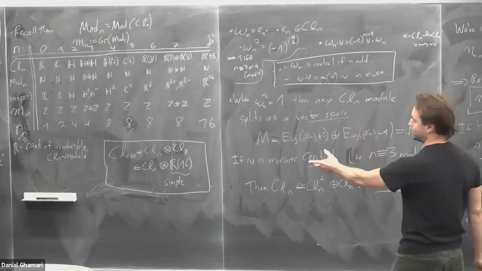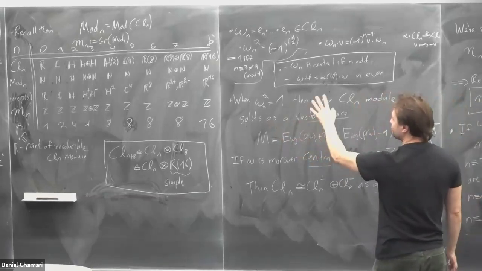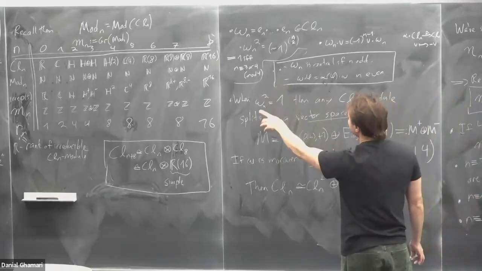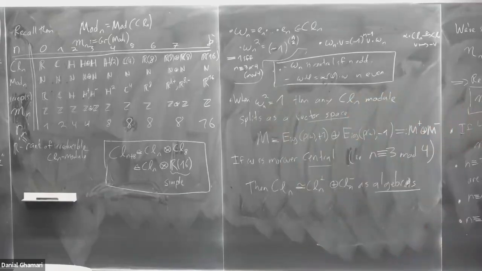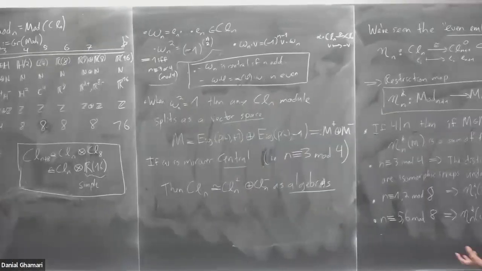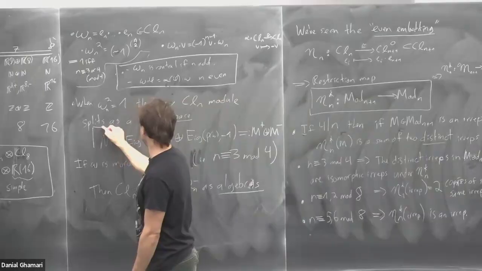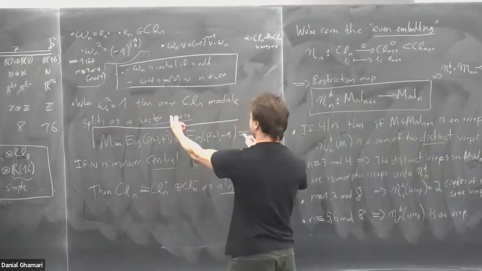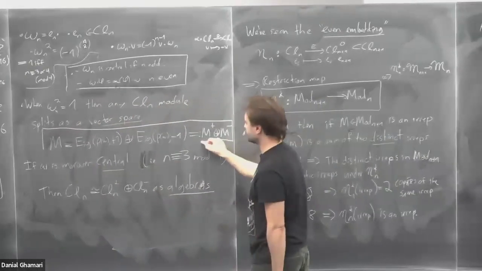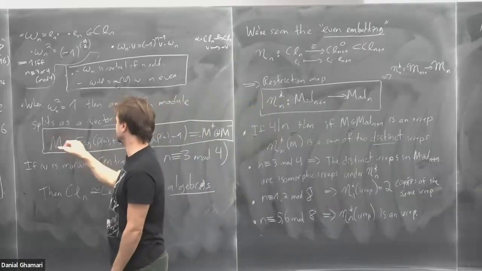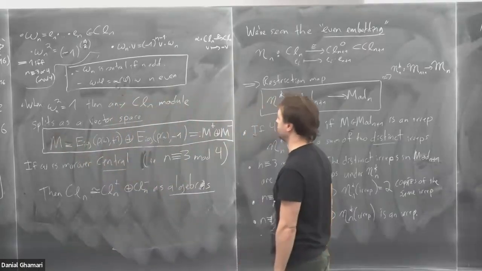Just remembering what the volume element is, right? So moreover, when the volume element does square to 1, for any representation, we get an eigenspace decomposition of our module. Suppose M is a module over CLN, and we get a decomposition of vector spaces into the plus and minus eigenspaces of whatever our representation of omega is.